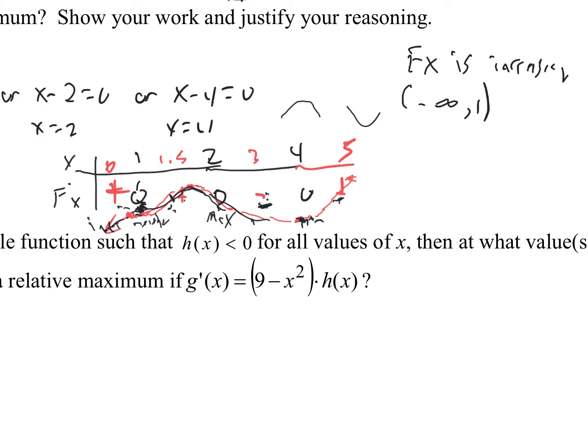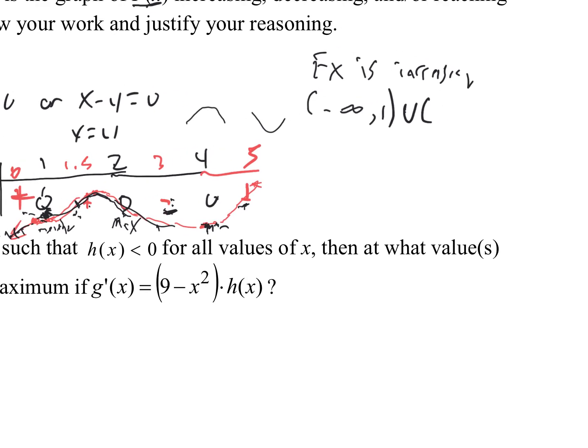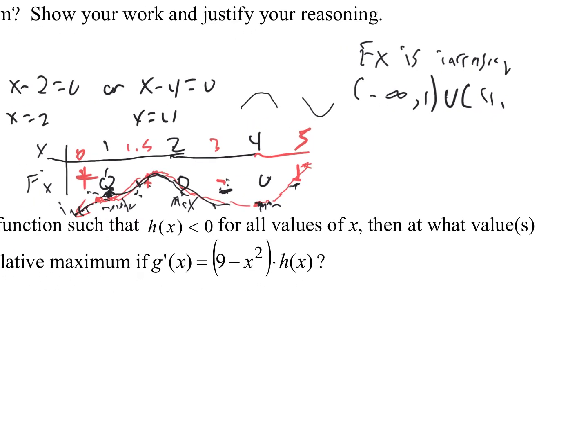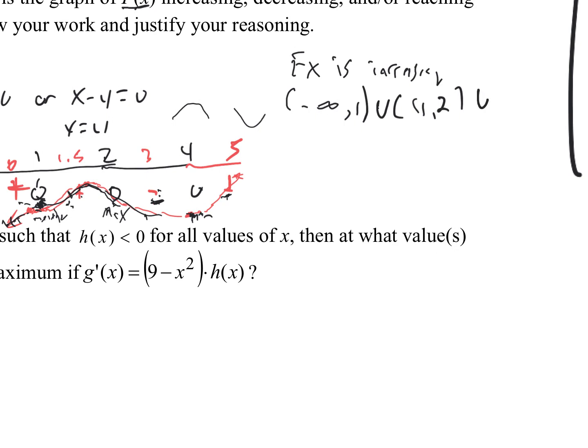So I have to pause, but then I pick it up where I pick it up, I'm saying union, from 1 to the next critical number, which was 2. I can also say it was increasing, I can go union from, where was it going to be? From 4 on, 4 to infinity, because f prime of x was greater than 0.